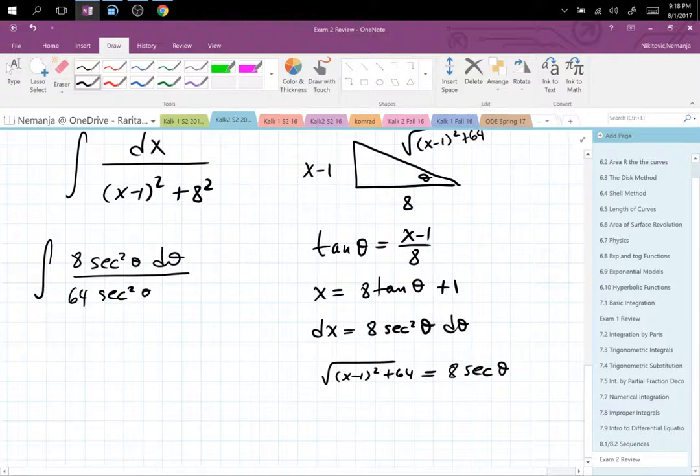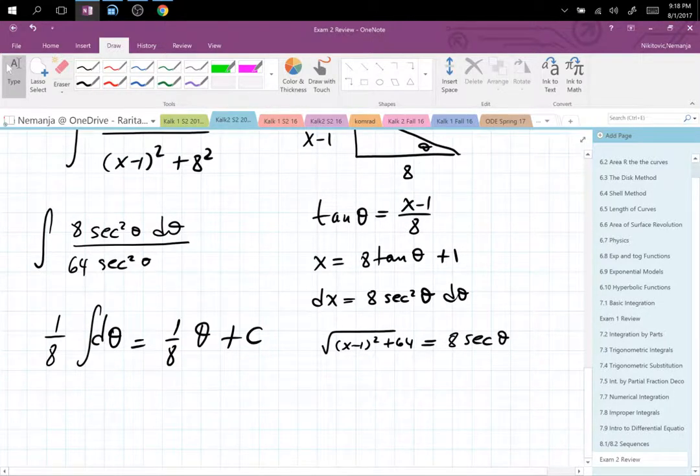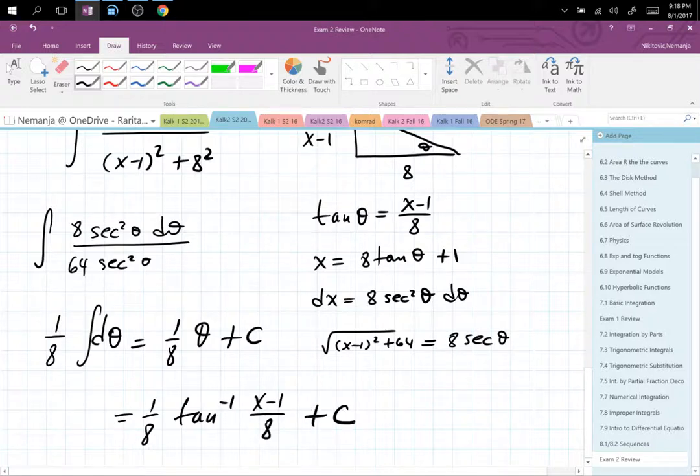And they cancel. So you get 1 over 8 in front, and you get the integral of d theta, which is 1 over 8 theta plus c, but theta is the inverse tangent, right? So it's 1 over 8 tangent inverse of x minus 1 over 8 plus c, which you can immediately write if you know the formula for inverse tangent for integration.